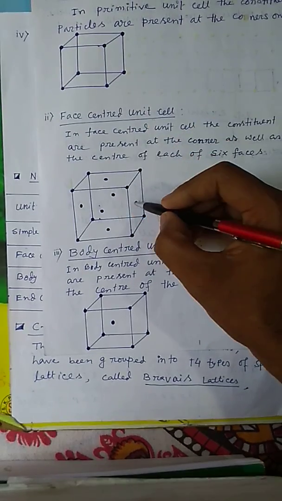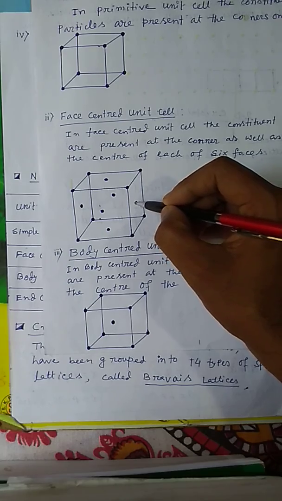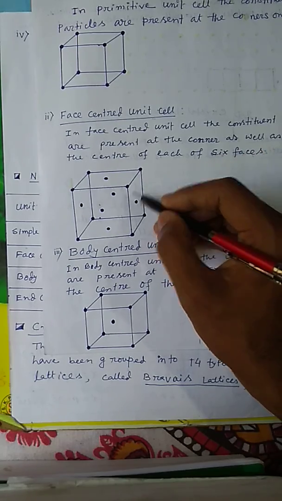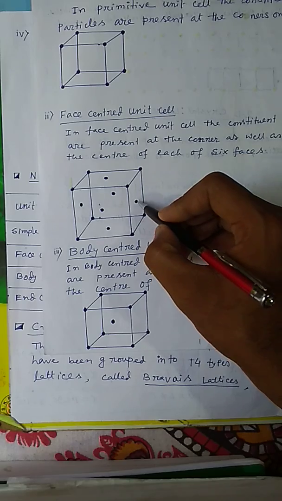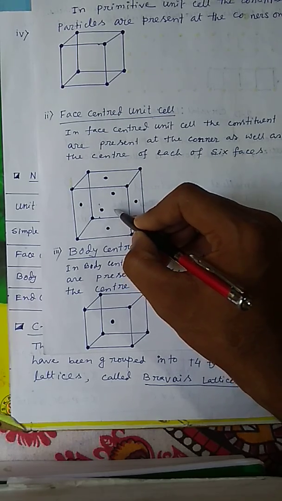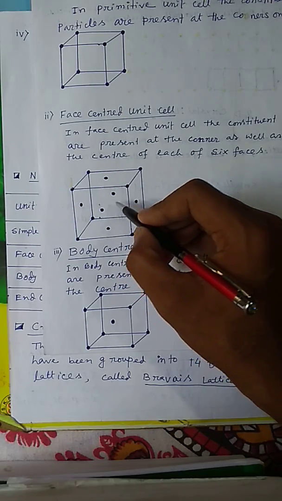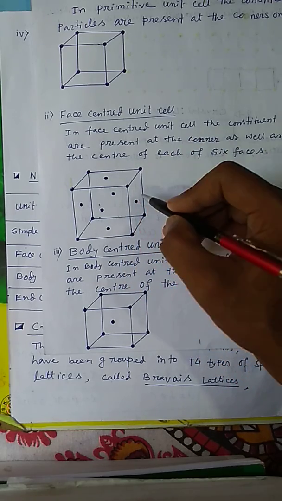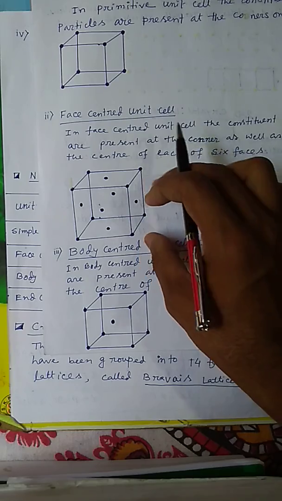The particles present at faces are part of 2 such unit cells. That's why the contribution of this particle to this unit cell is 1 by 2, half, because this particle is shared between 2 such unit cells.